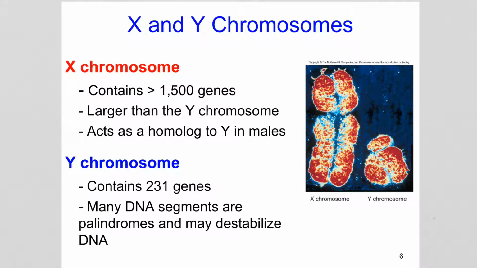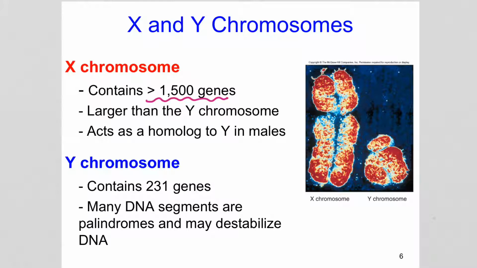Let's look a little bit more in depth at these sex chromosomes, so the X and Y chromosome. So they really differ. The most obvious way they differ is in size. And because of their size differences, that means that they have different capacities in terms of how many genes they hold. So the X chromosome is much larger, and because of its large size, actually contains more than 1,500 different genes.